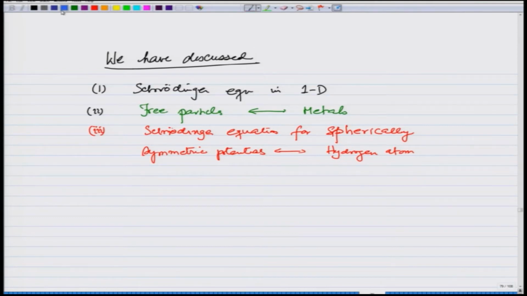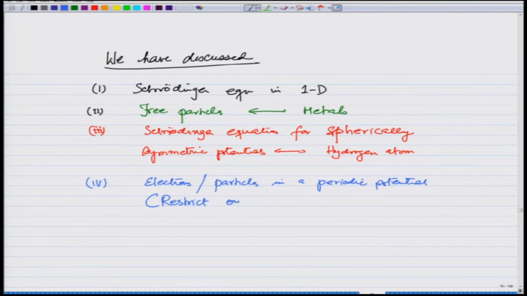And this lecture onward, and this is the final example that we will be doing in this course, we are going to focus on electrons or particles in a periodic potential, and again we will restrict ourselves to one dimensional cases, and that is sufficient to give you an idea how bands arise.